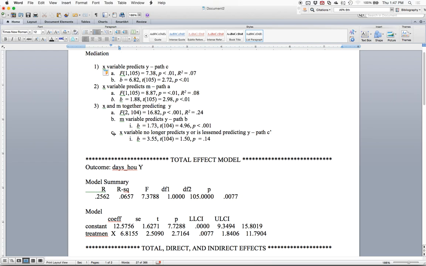I filled in all of them. Do I meet the criteria? Yes, X predicts Y. Yes, X predicts M. Yes, M predicts Y, controlling for X. And then the path C prime, where X predicts Y, controlling for M, appears to be lower. Because look at the comparison. I've got 6.82 versus 3.55.